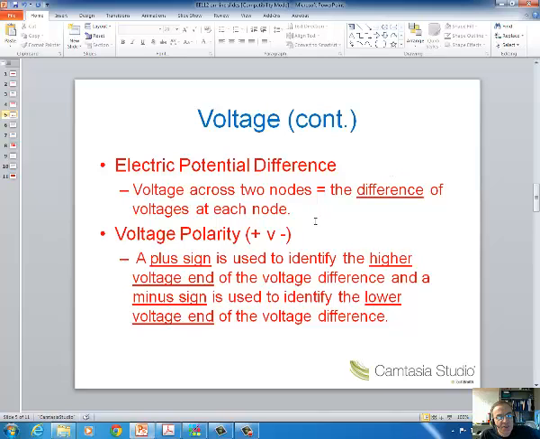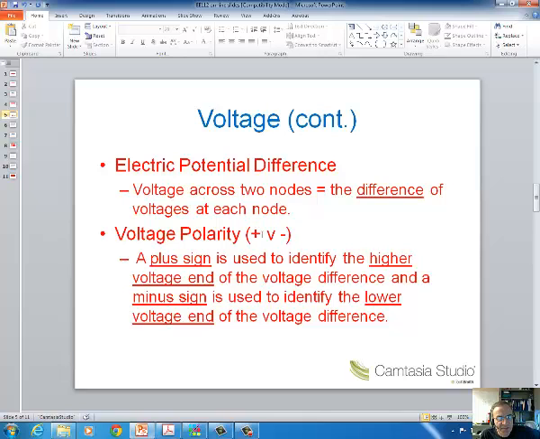But before we go to that example, another important aspect of voltage is that we have what's called voltage polarity. If you have some voltage in a circuit, and that's what this V is, you'll see near where that voltage is, say on a diagram, a plus and sometimes a minus. Not always is the minus shown.